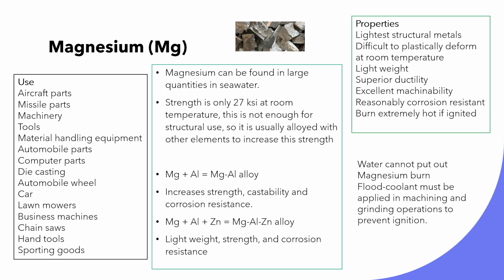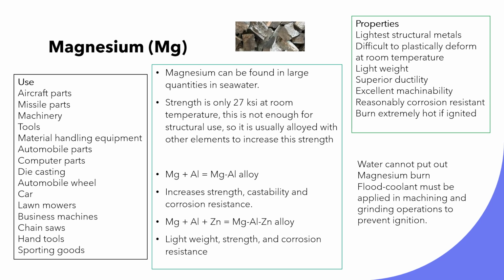We're going to add aluminum, so we get magnesium aluminum alloy, which increases strength, castability, and corrosion resistance. And we're going to add zinc to aluminum and magnesium, and you get magnesium aluminum zinc alloy. It's very lightweight, it has strength, and it is corrosion resistant.